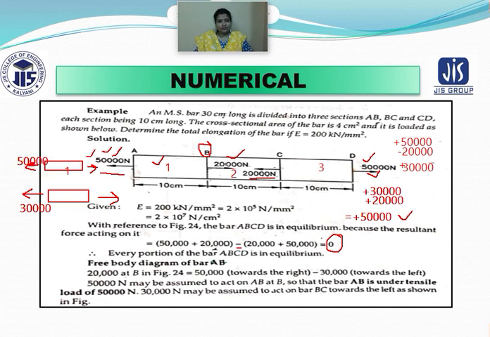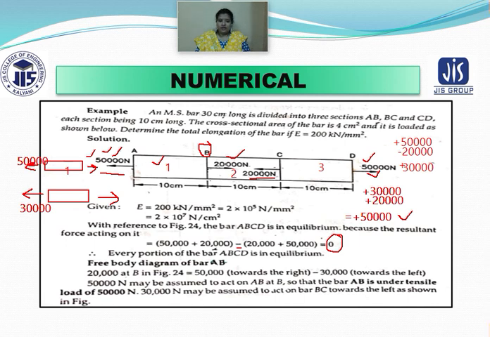And if you have completed the task of calculating the load, then I must say it is very easy for all of you to calculate the change in length or elongation of this particular bar, because you have obtained that all the loads are in tension mode.